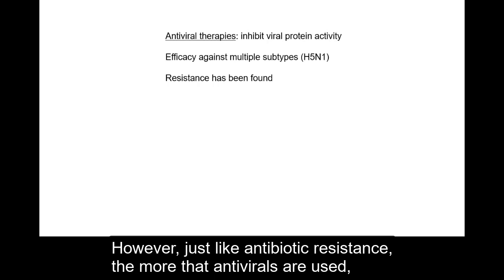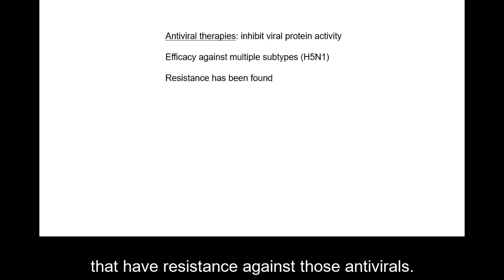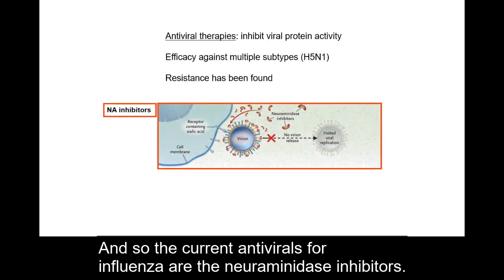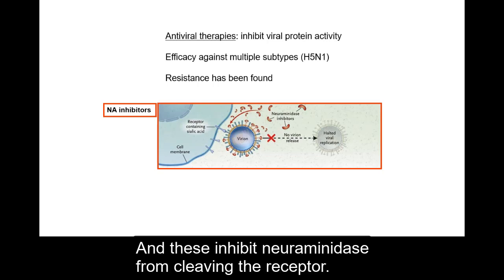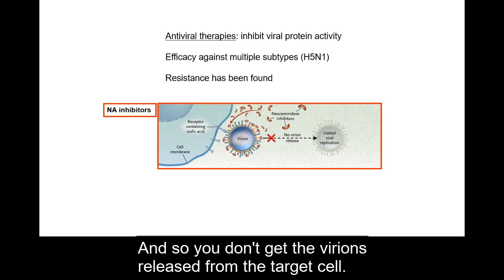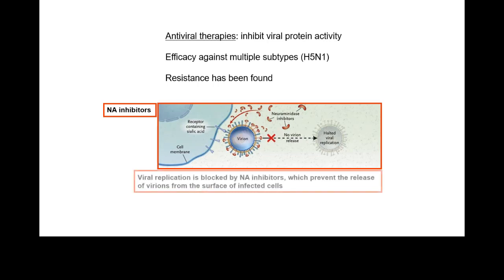However, just like antibiotic resistance, the more that antivirals are used, the more they are going to be selecting for viruses that have resistance against those antivirals. And so the current antivirals for influenza are the neuraminidase inhibitors. You might have heard of Relenza or Tamiflu. And these inhibit neuraminidase from cleaving the receptor, and so you don't get the virions released from the target cell, and so that inhibits further viral replication.